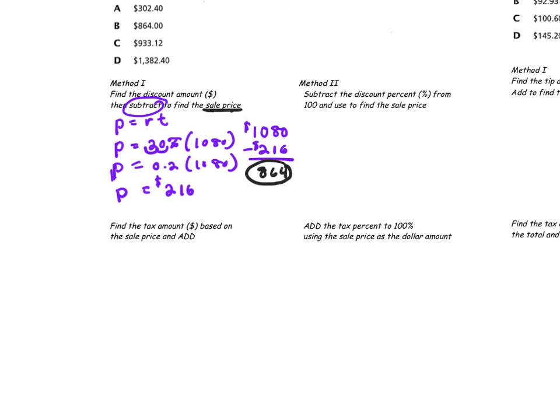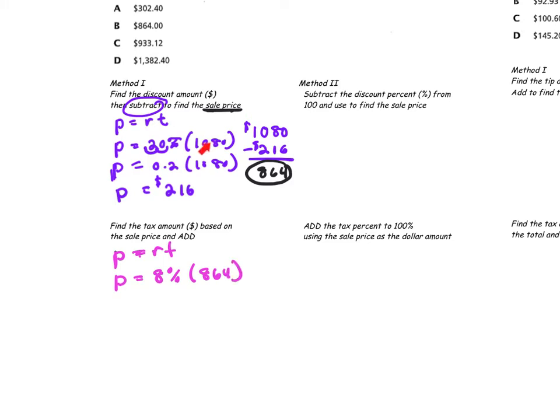So the second step says that we have to find the tax amount based on the sale price and then add it. So we're going to use either a proportion or we're going to use our equation, and you have a choice. I'm going to do this one based on the equation. So again, I'm looking for the part that is the sales tax. The sales tax rate they gave us was 8%, and this is hugely important. This time, the total I'm working with is $864.